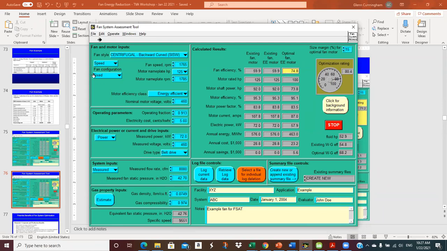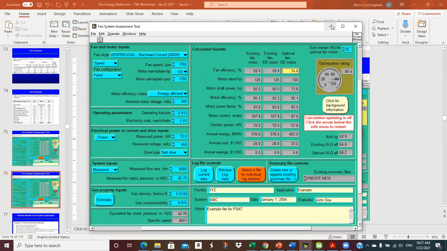And now if I stay with this same fan type at that situation, it can see about 75% for an optimal fan motor efficiency. But basically, this is just a sophisticated calculator sheet that you can use. And so if I want to minimize this, I have to stop it and put it down.